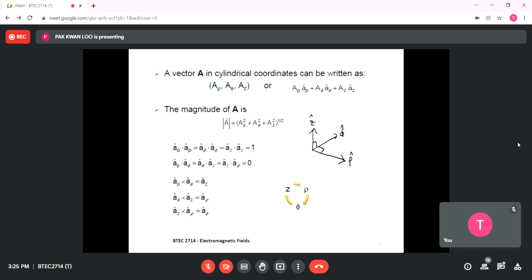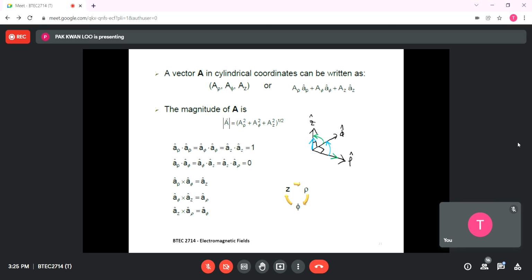So if rho crosses phi, it is in the z direction. While phi crosses z, it produces in this direction.